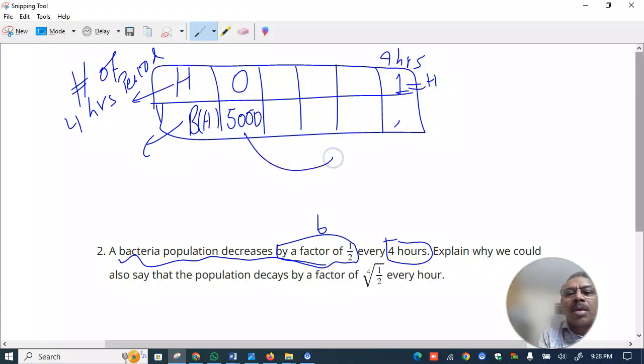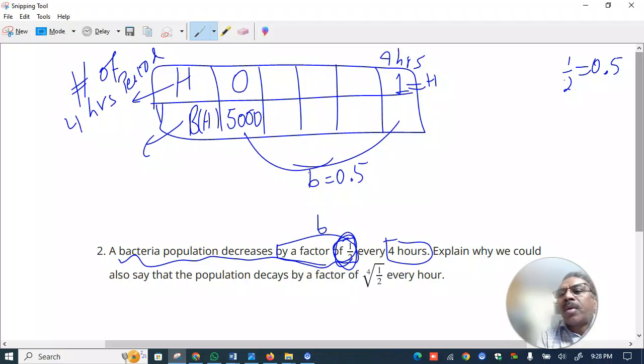From here to here, the question says there is a decay factor. B is the decay factor, which is half. Now instead of half, let me use 0.5. So this is 0.5. That means 1 minus 0.5, where 1 is 100%, gives 50%.